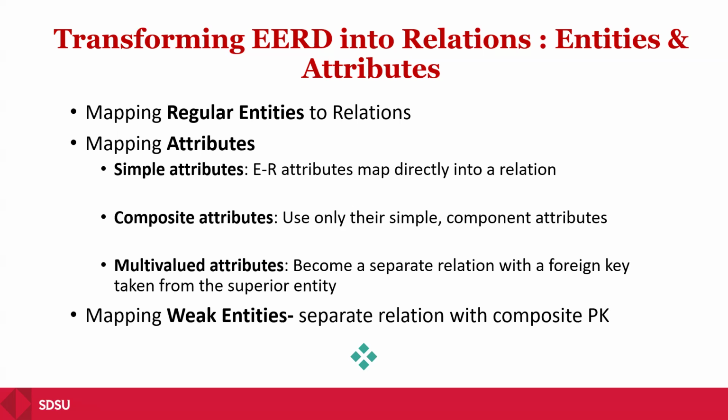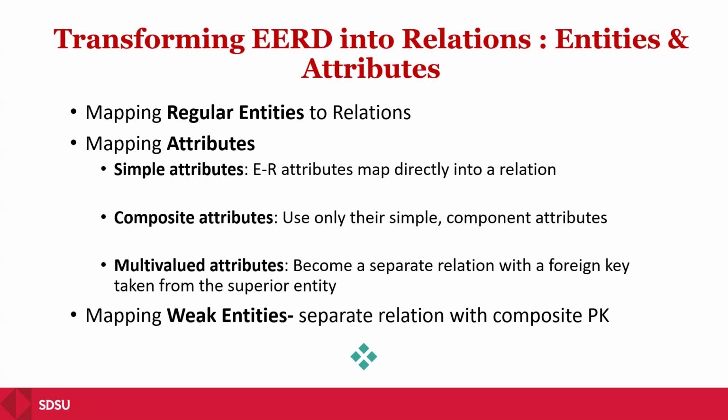We will map simple attributes directly into simple attributes of the relation. When we talk about composite attributes, we will use one simple attribute for each component attribute. And for multi-valued attributes, we will create a separate relation where we will need to create a foreign key and primary key and connect this second relation to the main relation that contains the multi-valued attribute.